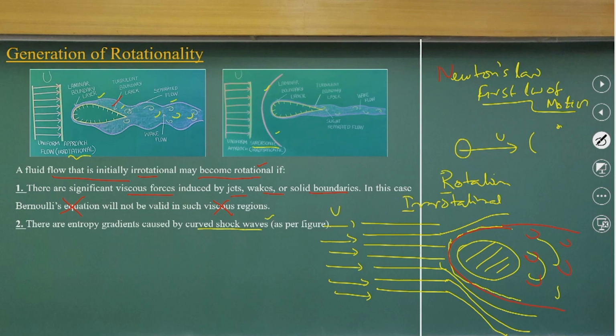First condition: if you have a solid boundary, jets and wakes, then the flow will change to rotational.